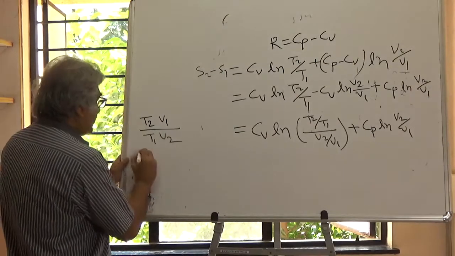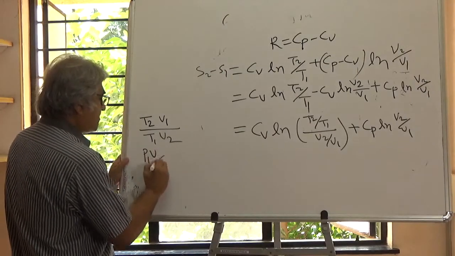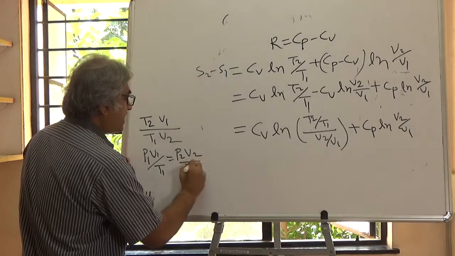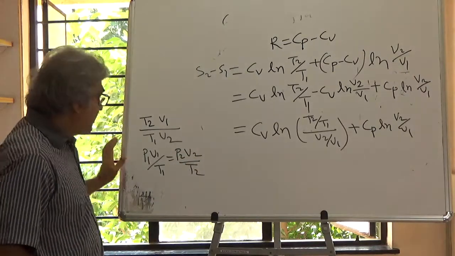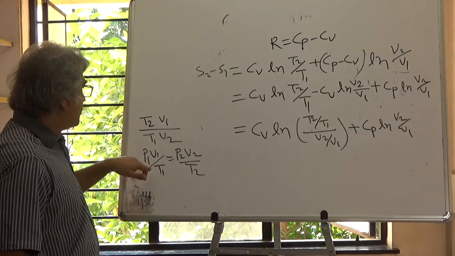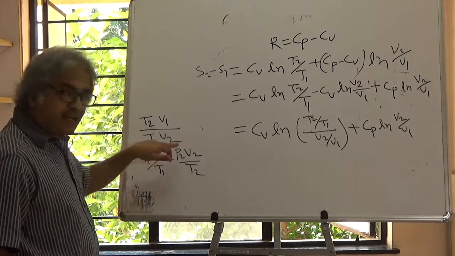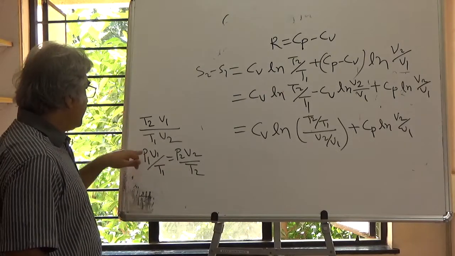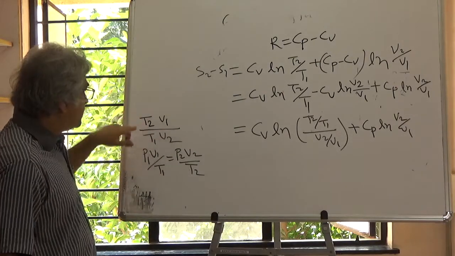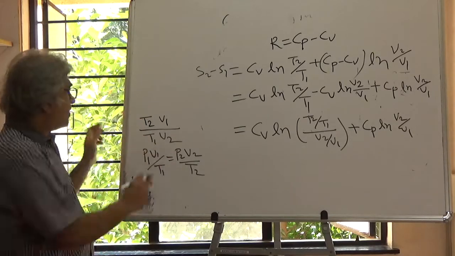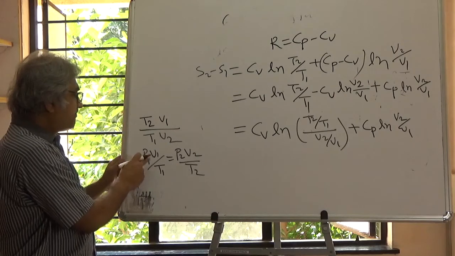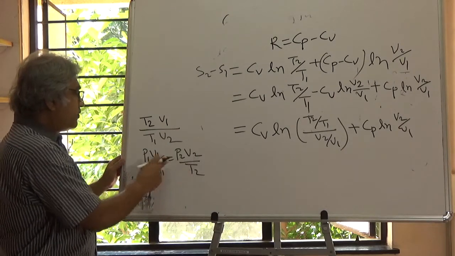Now you know that P1 V1 by T1 is equal to P2 V2 by T2. If you consider this expression, T2 V1 upon T1 V2 is nothing but P2 by P1. You can see, P1 will go down here, V2 will come here.